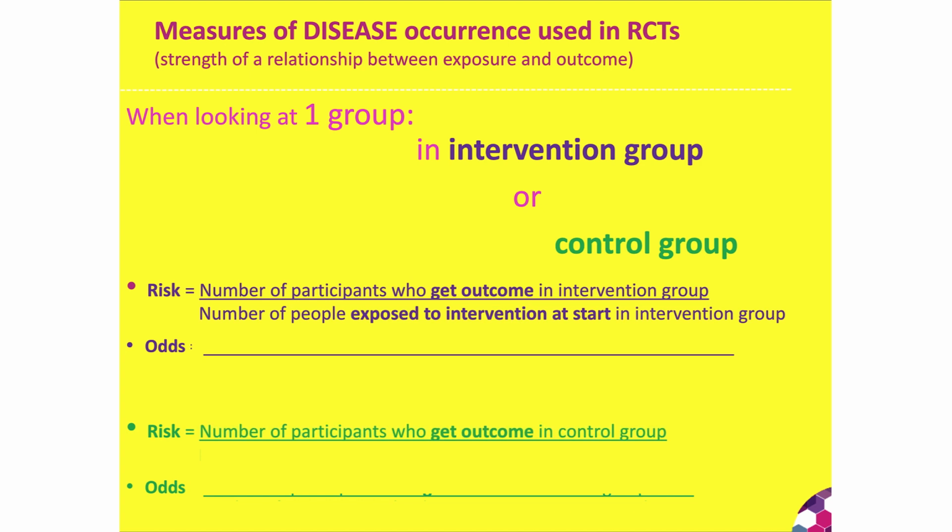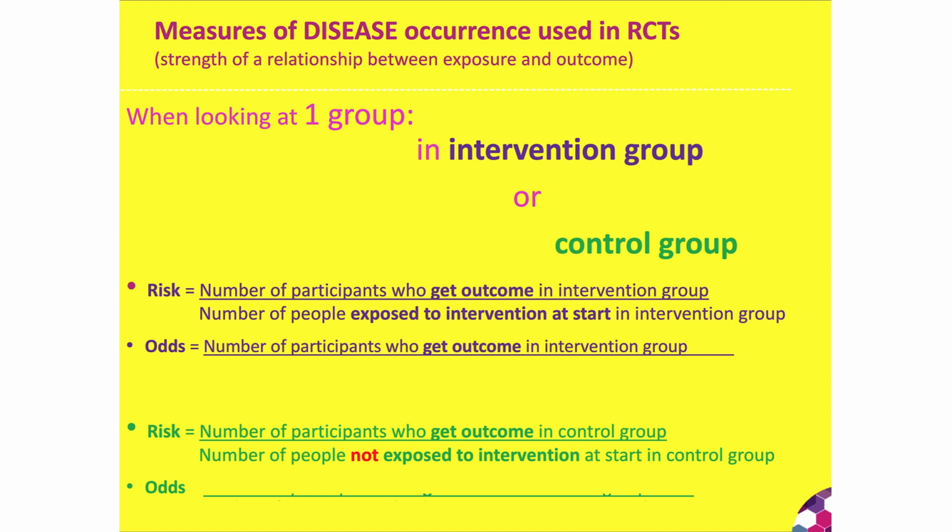And then the same calculation applies for control groups. The number of participants who get the outcome, normal blood pressure, in the control group, divided by the number of people not exposed to the intervention at the start in the control group. Because remember, none of the people in the control group have been exposed to anything.